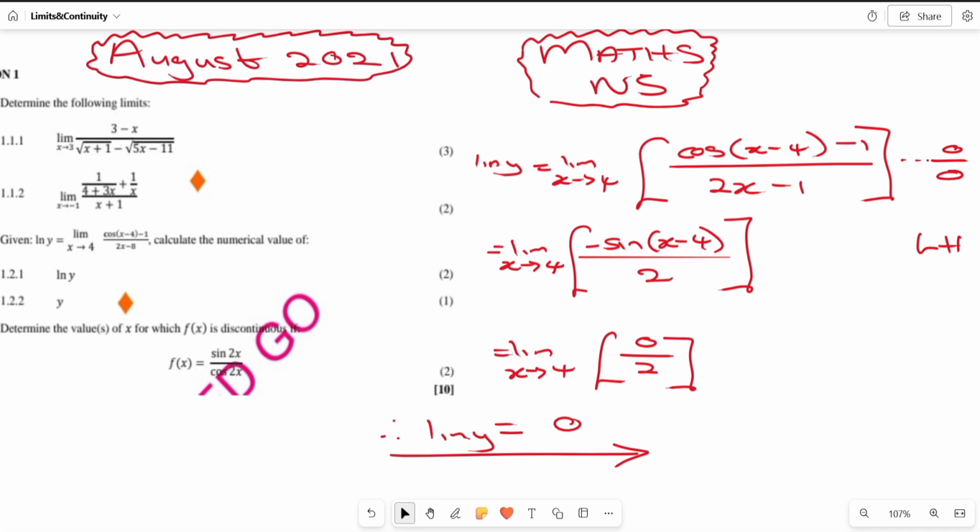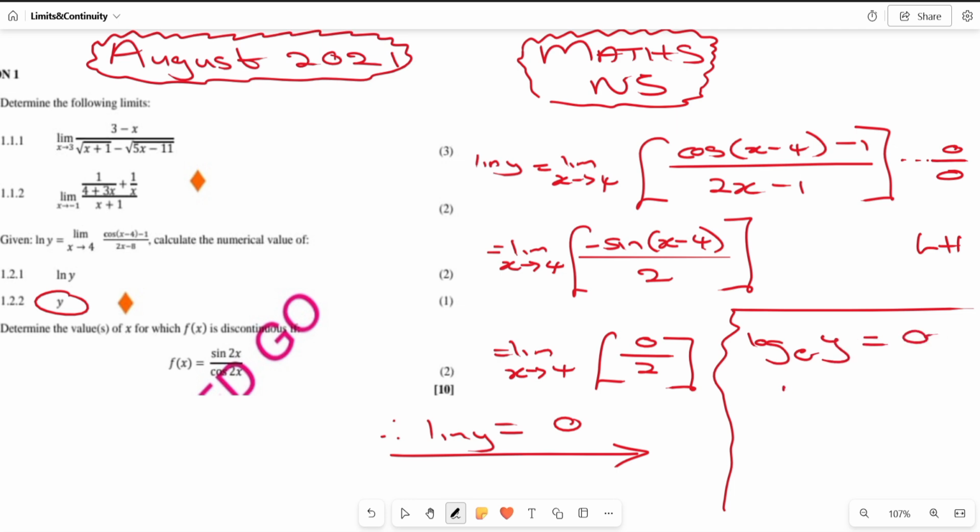The following question is a simple one. They're asking for us to calculate the value of y. It's very easy. We just say ln y is equal to 0, right? We know that ln y is the same as saying log with base e of y is equal to 0.